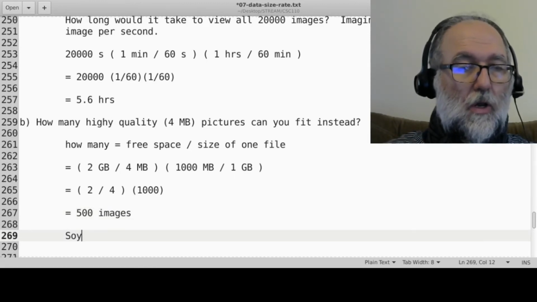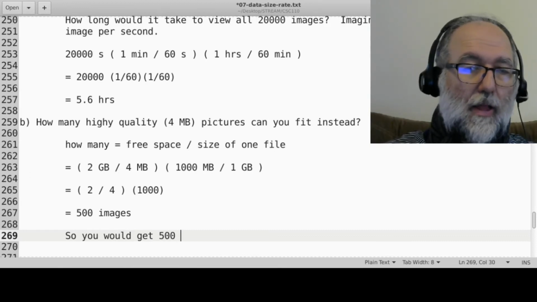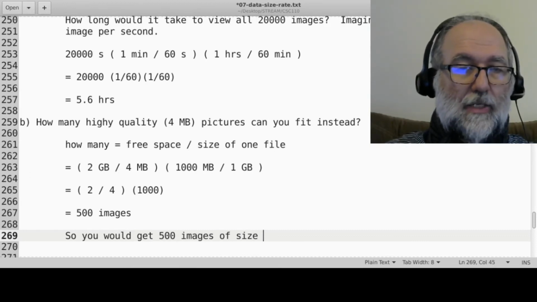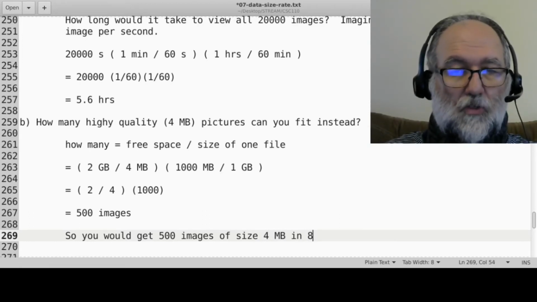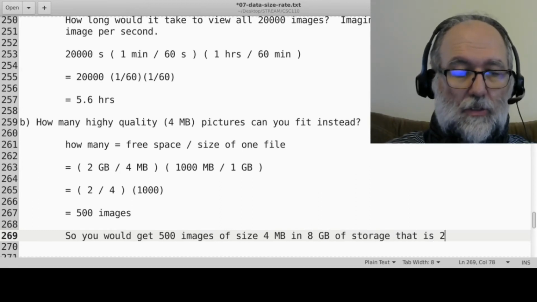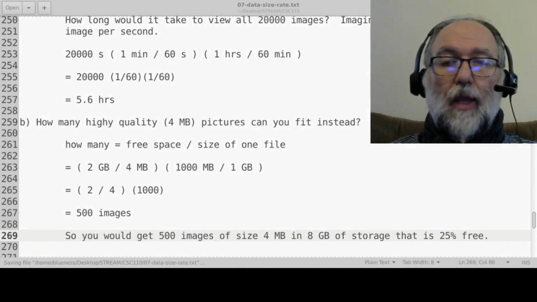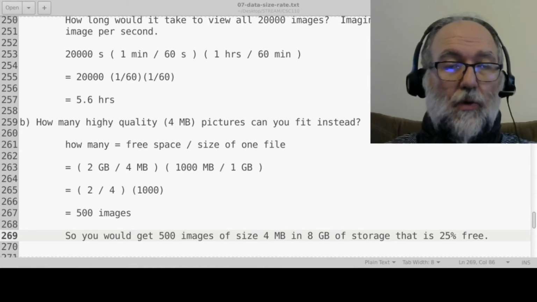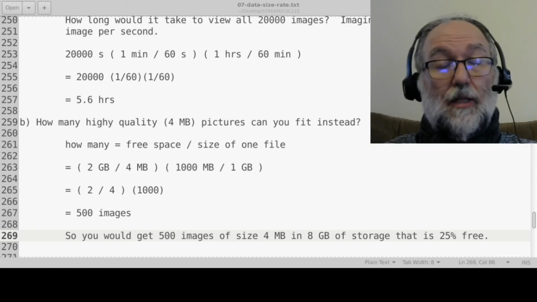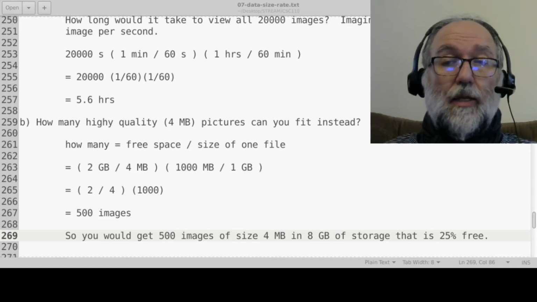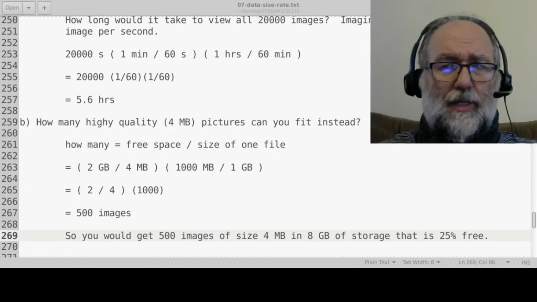So you would get 500 images of size 4 megabytes in 8 gigabytes of storage that is 25% free. All right, so there you go. That answers our question. 500 images, that's still a lot of images, but these are high quality images.